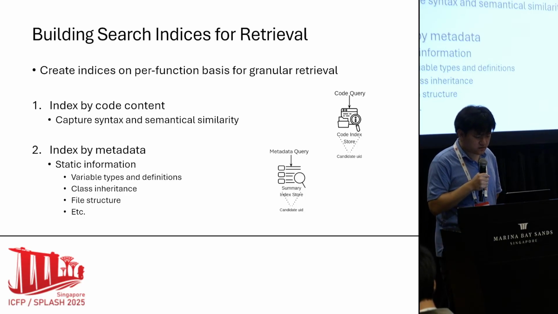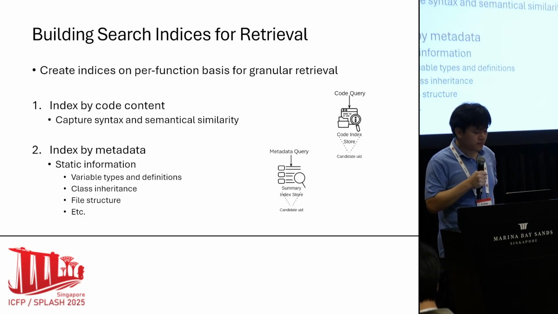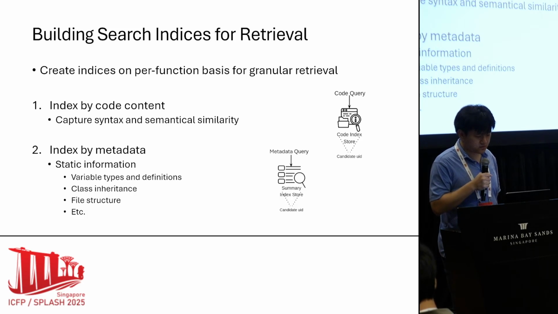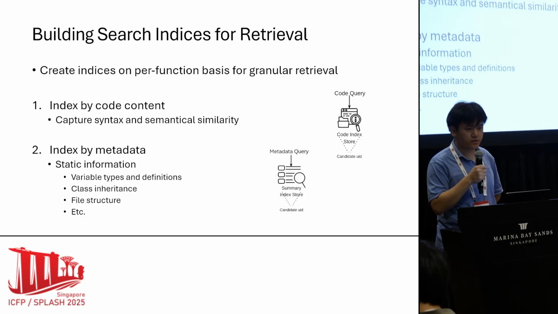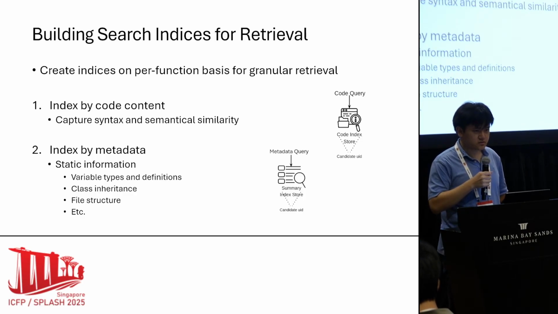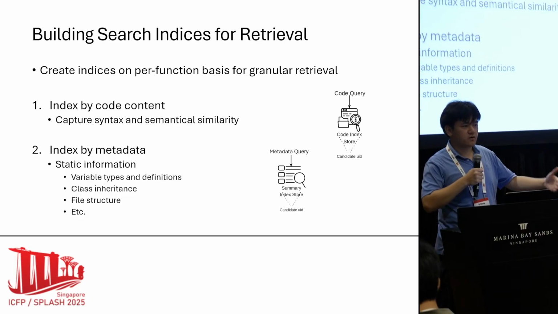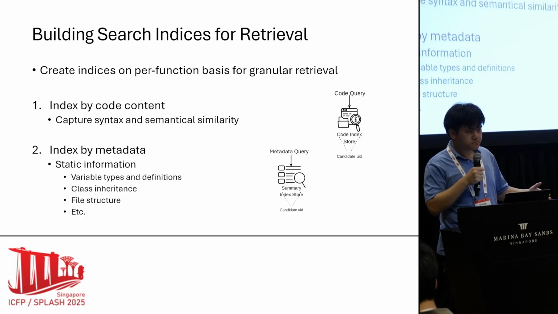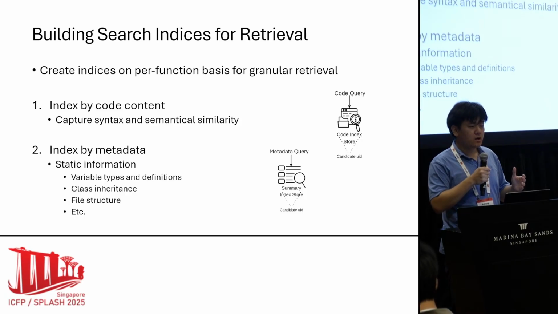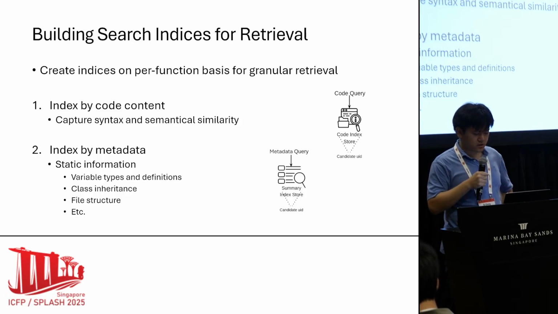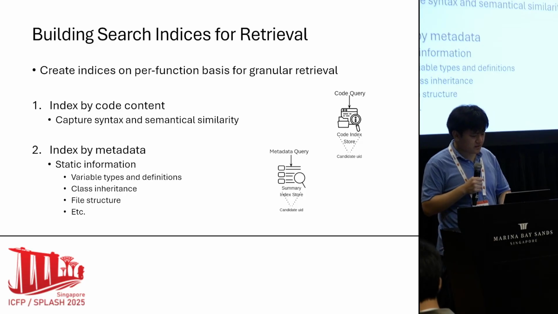Secondly, we extract metadata about each function, things like what kind of type declarations are used in the function and any class inheritance associated with it. Many of those come from similar terminologies in context organization from program generation in general. We then summarize this metadata and index it into a separate index as well for quick lookup at runtime.